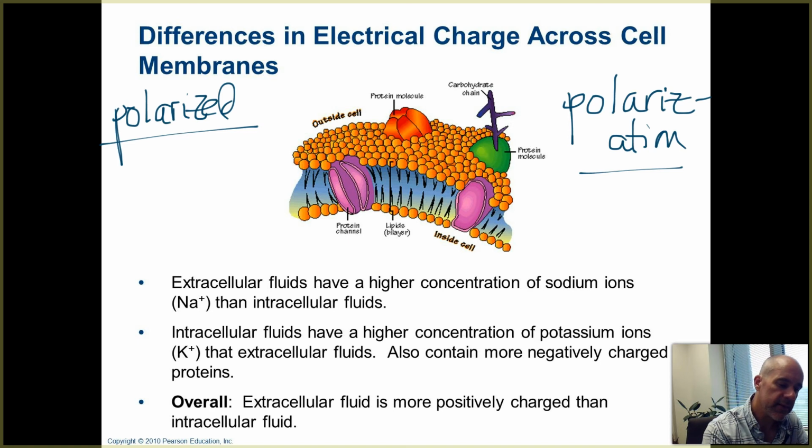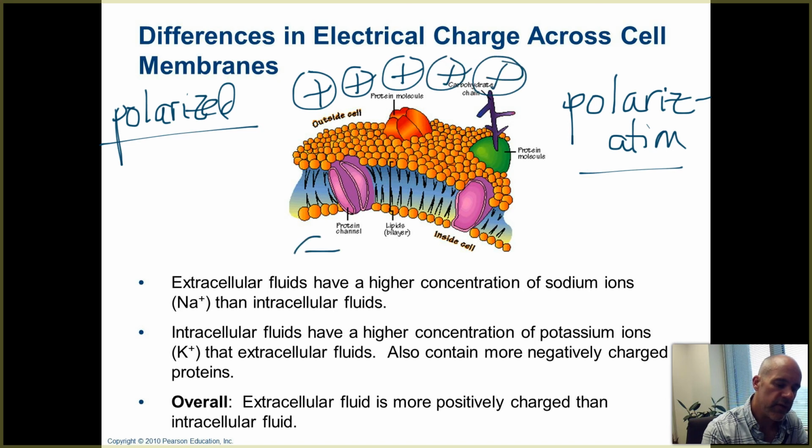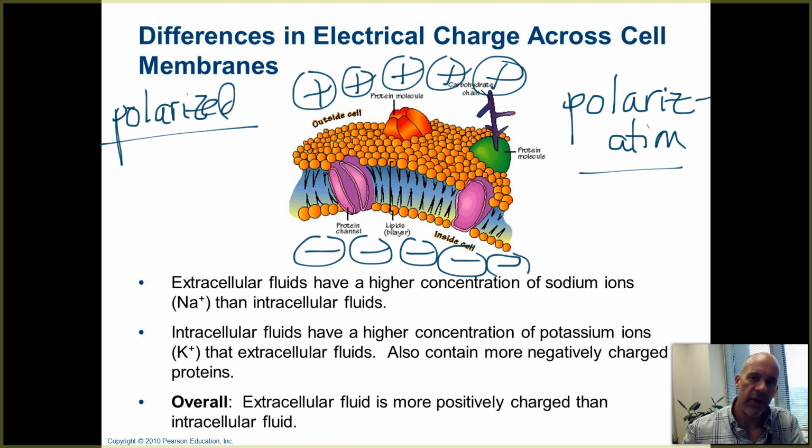And as we're going to see, in your extracellular fluids, you tend to have a greater concentration of positively charged ions versus the intracellular fluids. Now you have positive and negatively charged ions in both locations, but if you sum up all of the charges, all of the pluses and minuses, remember 1 plus and 1 minus would cancel each other out. That would neutralize those charges.